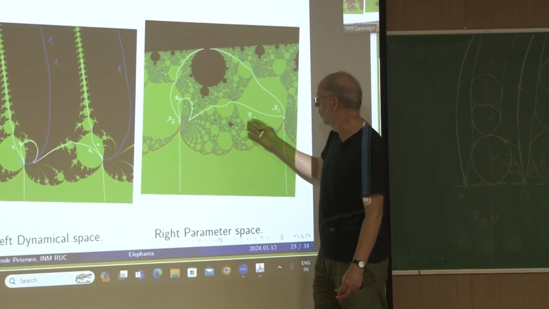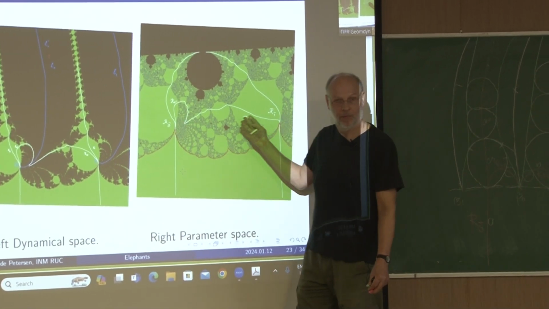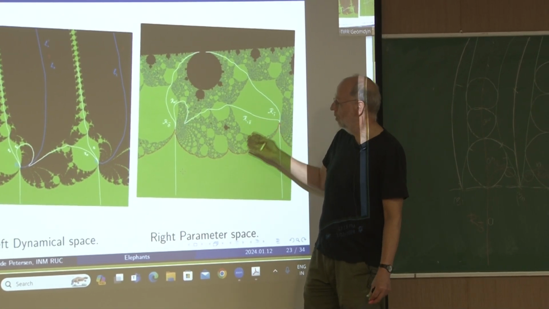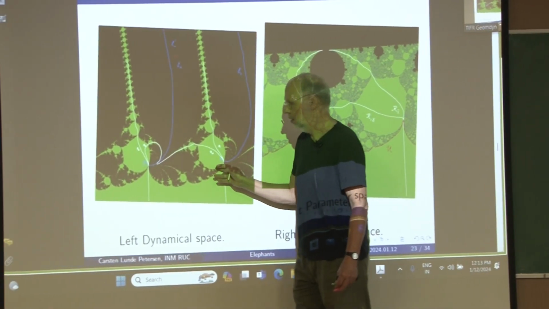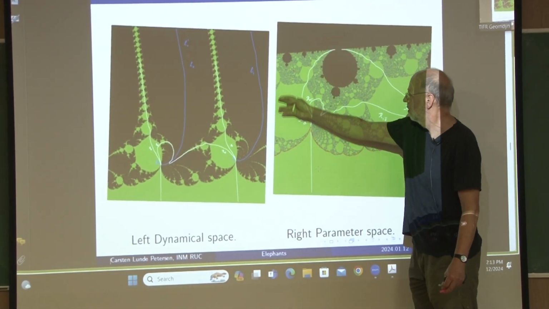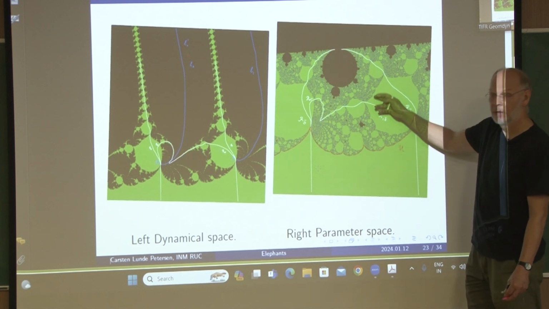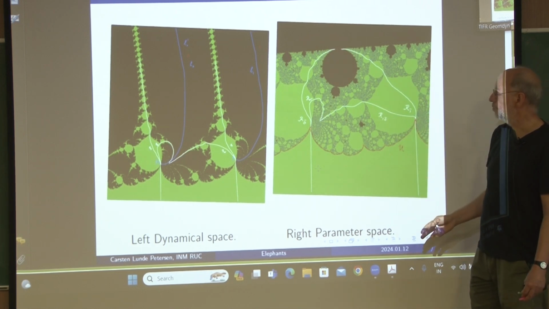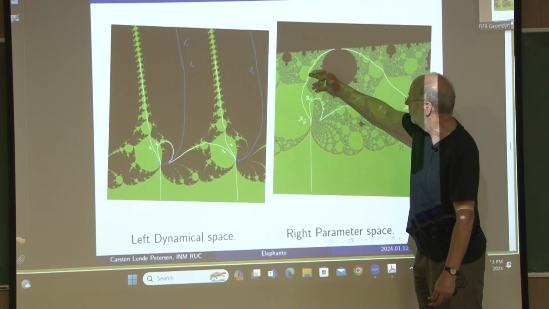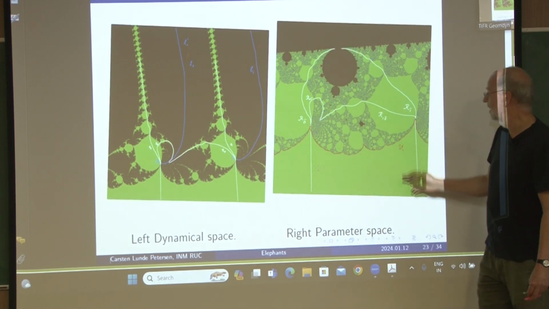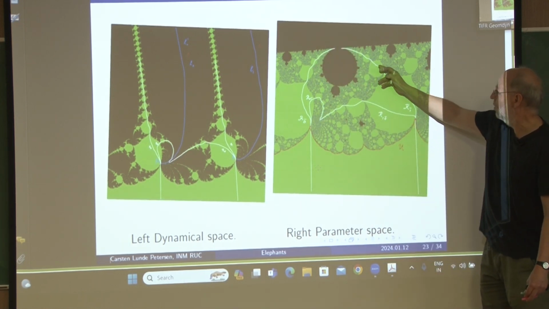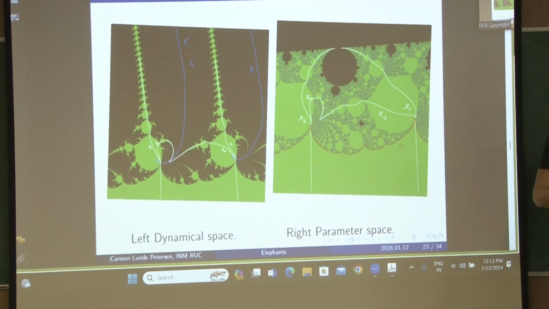So here are level 1 parameter lagoas corresponding to the 0 and 1 lagoa, 0 and 1. And I have also a 0, 0, a 0, 0, 0, etc. I have a 1, 1, 1, 1, 1, 1, etc.